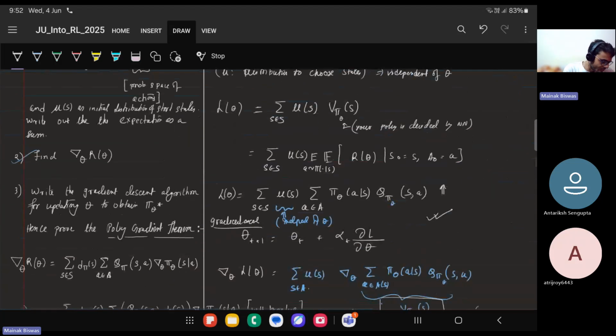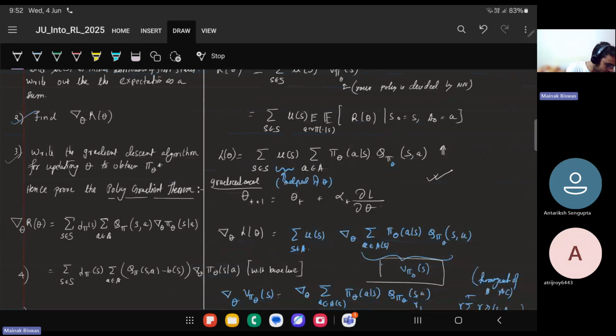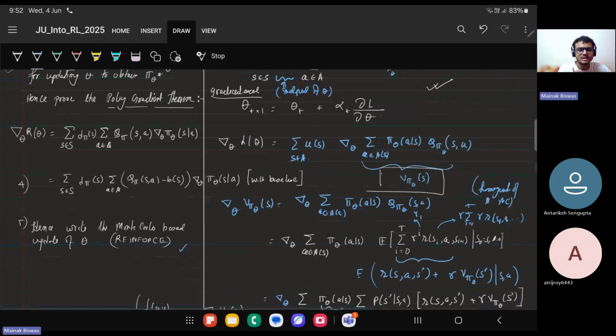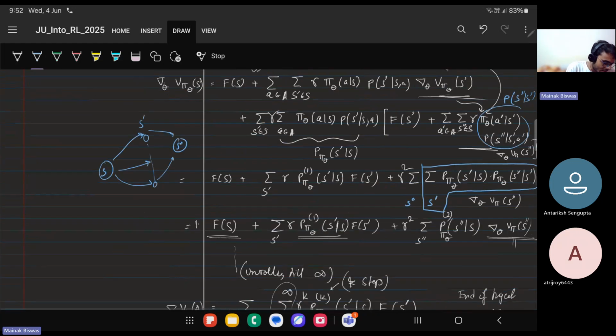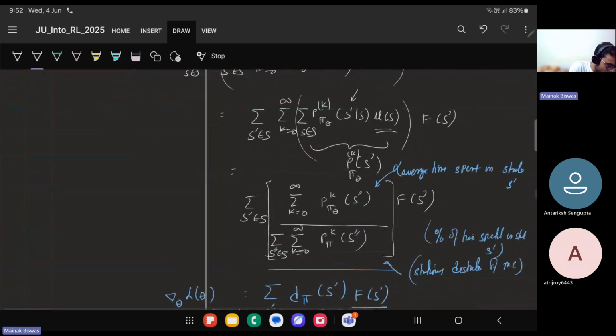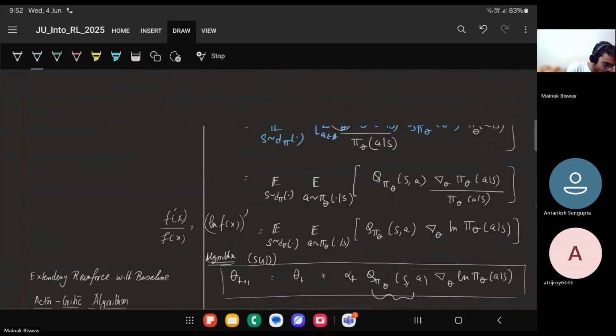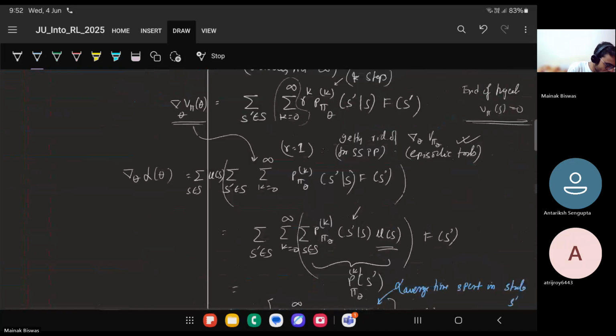So we have defined the policy gradient theorem. Next class will be the last class, where we'll be discussing the actor critic method. Today we'll be doing what is called the REINFORCE algorithm. REINFORCE is a dynamic programming based algorithm. Let us do it.